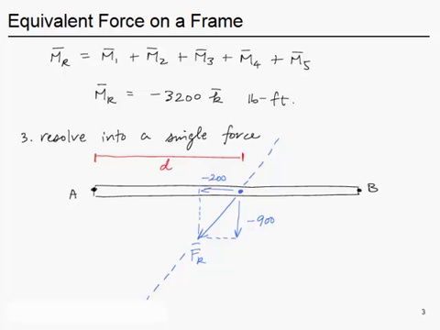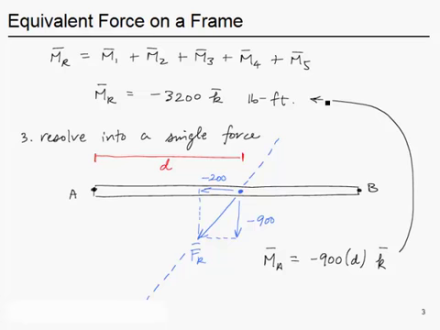So we can write an equation: the moment around A is equal to d times minus 900. You notice that's going to be in the negative k direction, right? So it's minus 900 times the distance d in the k direction, and that has to be equal to that resultant moment right there. So that gives us a basis on which to calculate d.